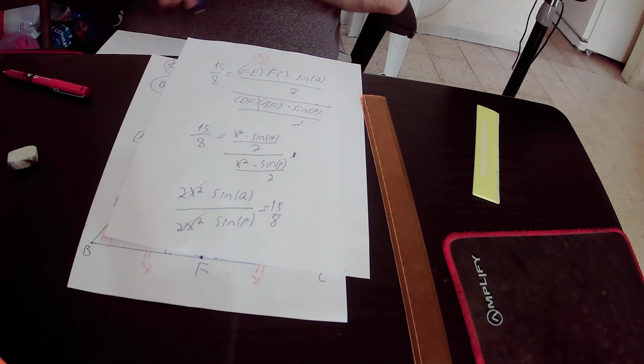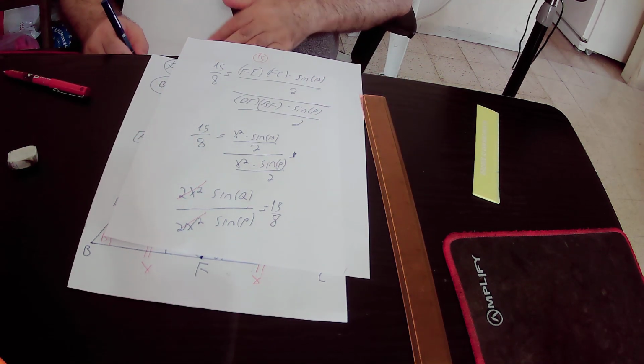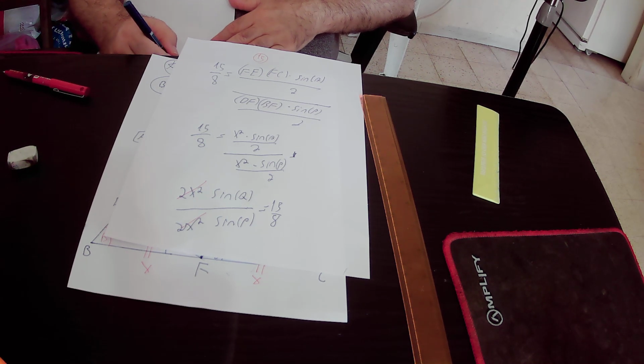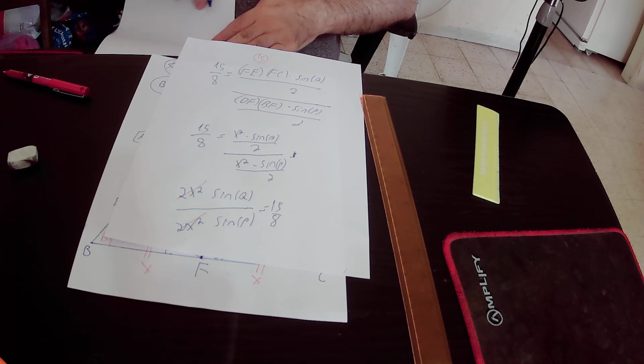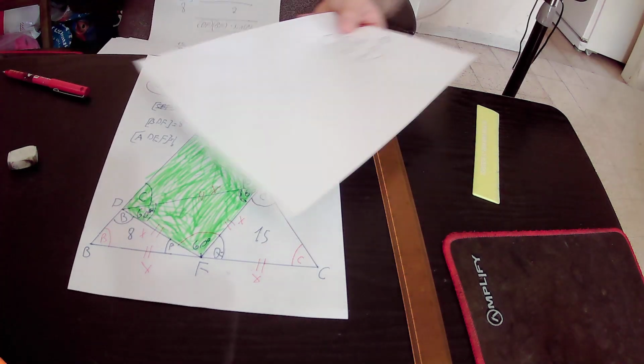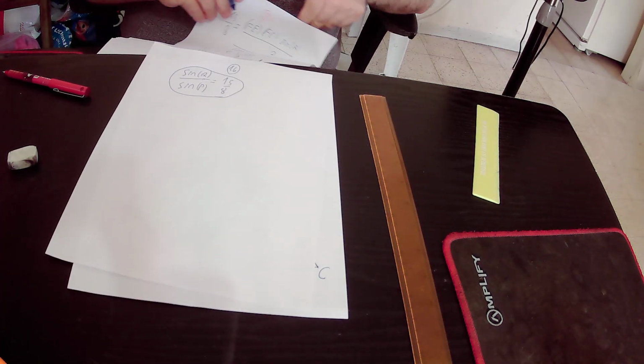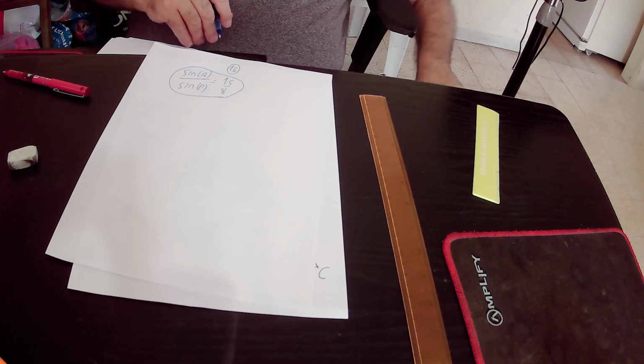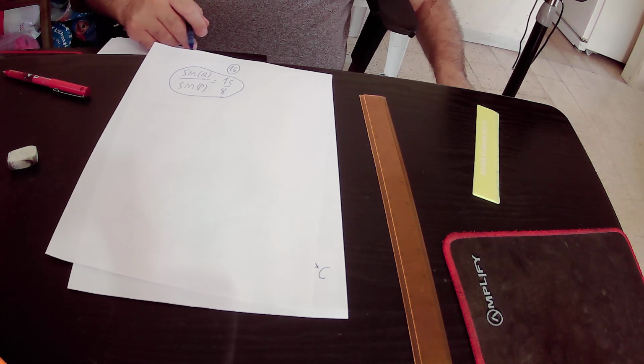So in total we got that sine Q over sine P equals 15 over 8. We found out that sine Q over sine P equals 15 over 8.